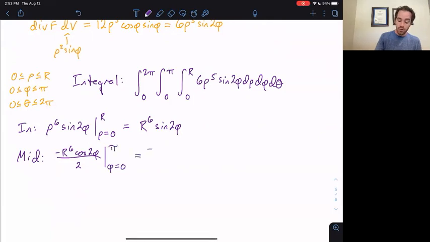Put in pi, negative r to the 6th cosine of 2 pi, all over 2, minus a minus, which is a plus r to the 6th cosine of 0 over 2. And cosine of 2 pi and cosine of 0 are the same thing.